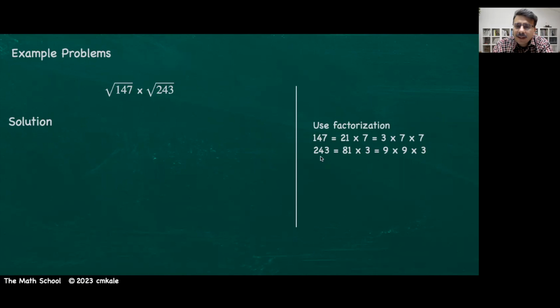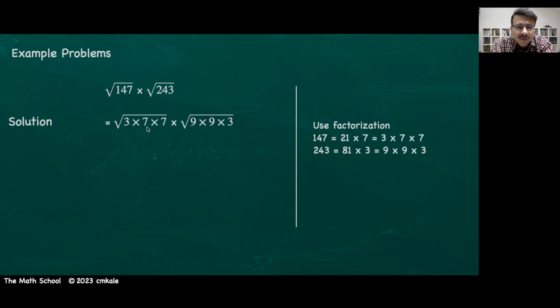So I can rewrite it as 81 into 3, but 81 is 9 square. So I write it as 9 into 9 into 3. So let us use these factors in place of these numbers in our solution. Rewriting the expression, we have 147 as 3 into 7 into 7 and 243 as 9 into 9 into 3.